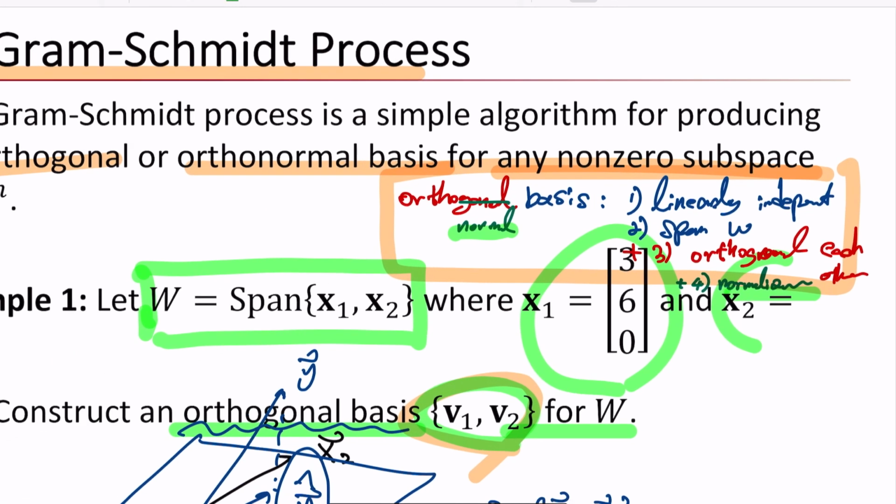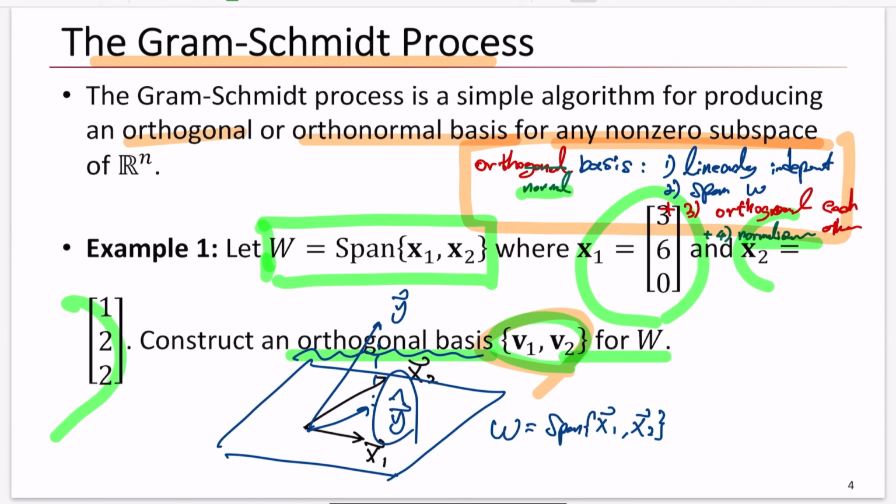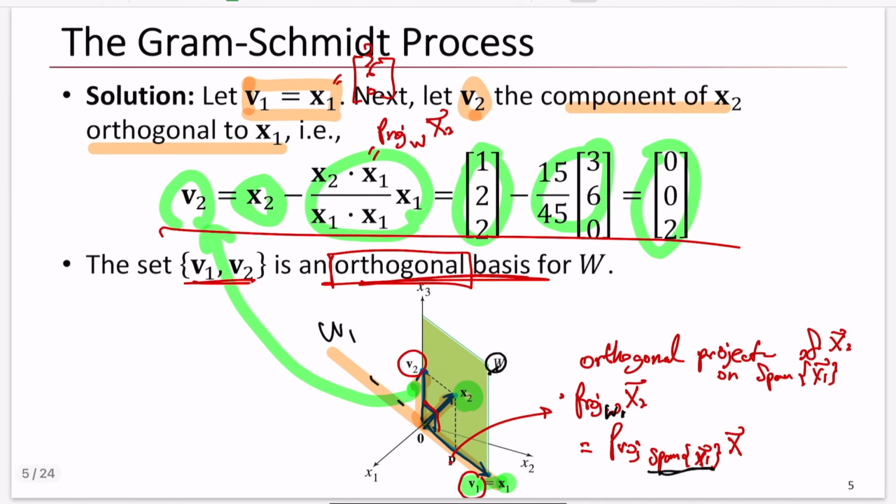Now, how can you make an orthogonal basis? Given vectors x1 and x2, let's consider W. First of all, x1 and x2 are linearly independent, so they form a basis for this subspace W. The question is how to make an orthogonal basis V1 and V2. First, let V1 be x1, then find the component of x2 orthogonal to x1.